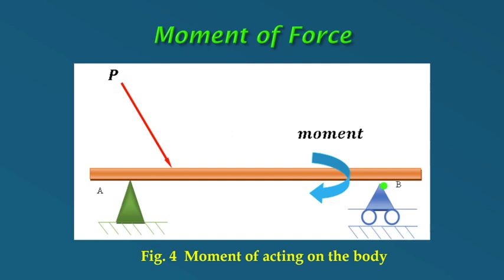In detail, we will discuss the moment. Now consider a horizontal beam AB. There is an applied force P. In addition to that, a moment is also there. The symbol of moment is like this. It is represented by this arrowhead symbol. As the moment of force causes rotation, that's why the symbol is like this.